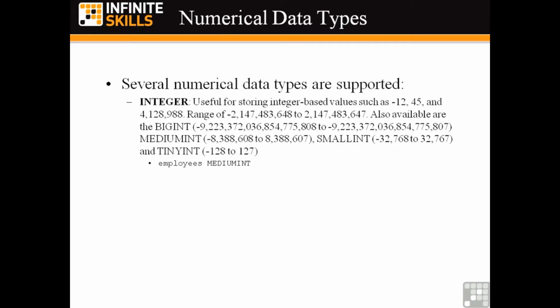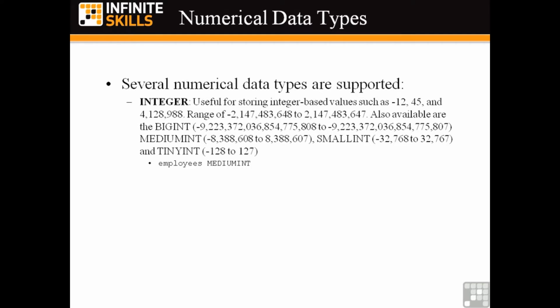Because even the largest employer in the United States, which at this time happens to be Walmart, employs only around 1.2 million people, you could create a far more accurate representation of the employees column by using the medium int type, which has a range of between approximately -8 million and +8 million. Other types are supported for columns expected to fall within even smaller ranges.